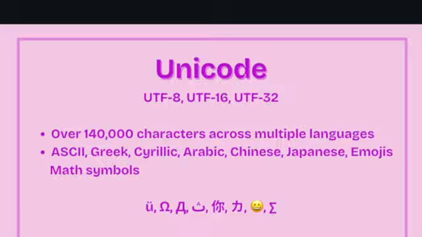Even YouTube allows emojis and different languages, and I'd imagine if you're going to be adding advanced math, you're going to want to be able to use those math symbols.